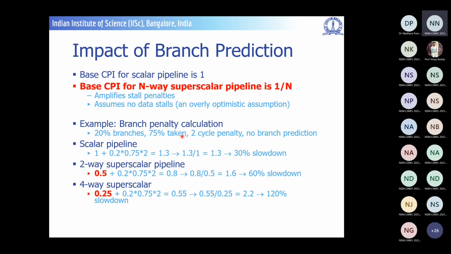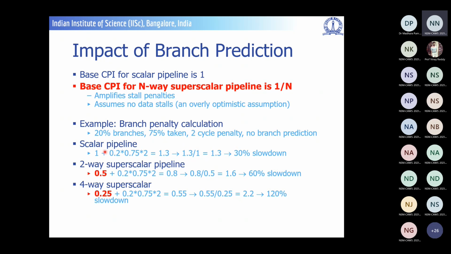Remember that if it is not taken, you can flow through with PC plus one. Let us assume that you take 2 cycles to resolve the branch. If you do not have any branch prediction, it is equivalent to having a wrong prediction all the time, because you have to wait for those 2 cycles for the branch to resolve.